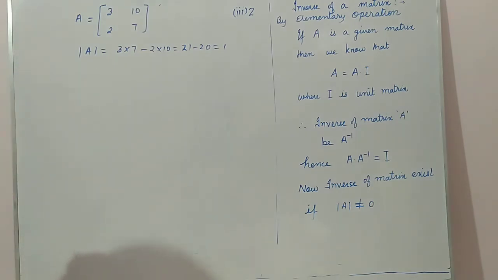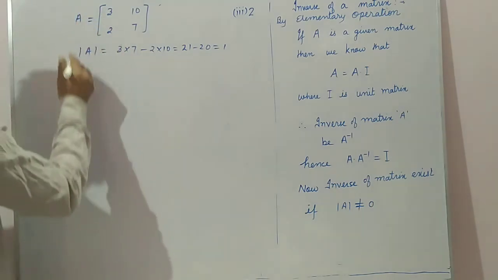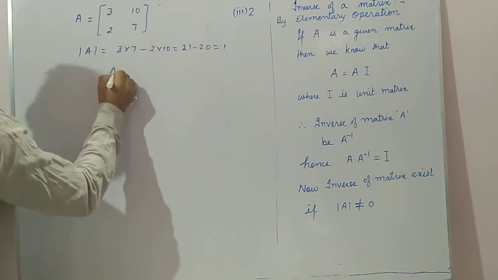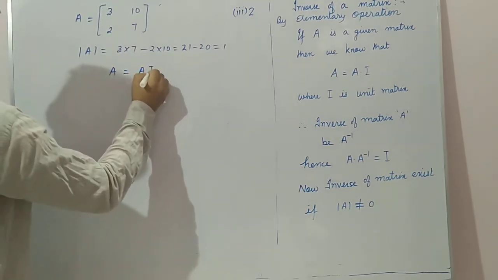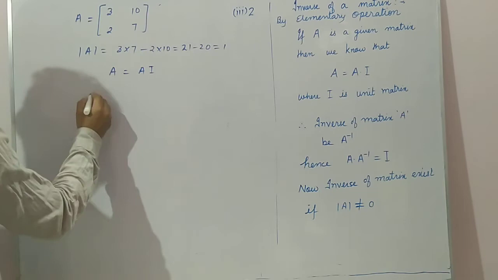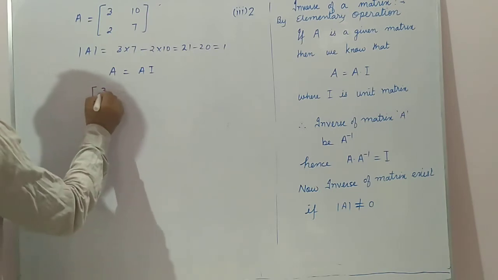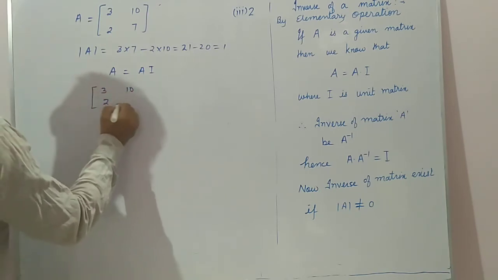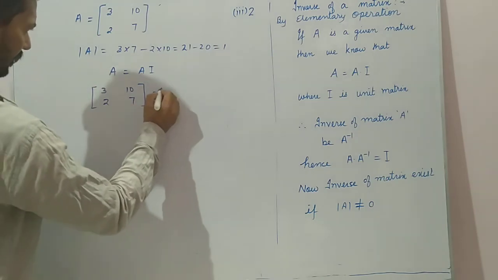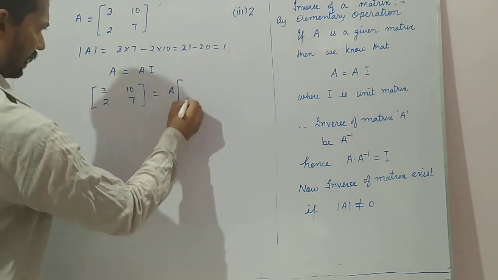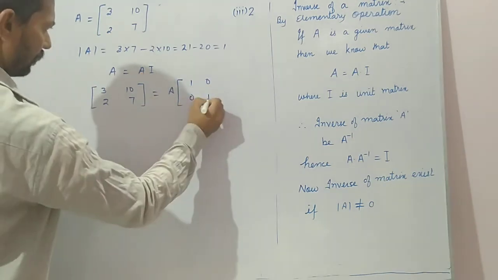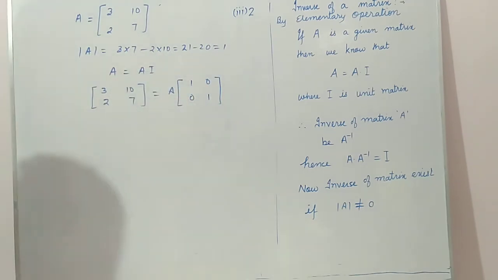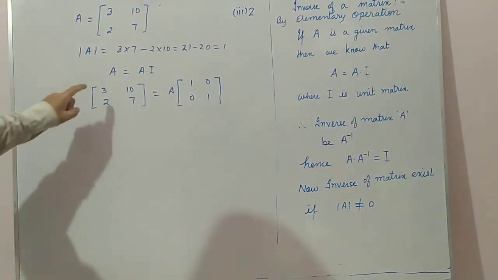So as the determinant is 1, we can find the inverse. A equal to A into I. A, that is 310, 2 7. We are writing this one as A, this is 1001. Our first step is to bring here 1.